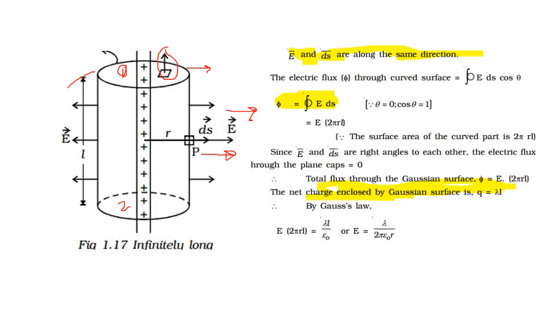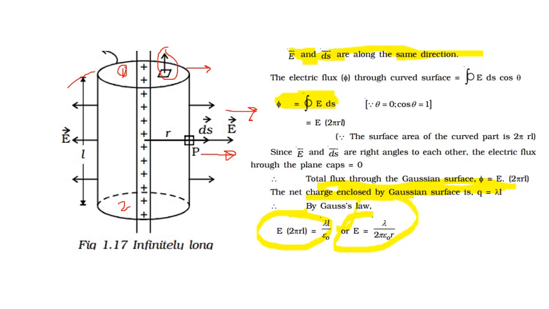Put this value here: E into 2 pi r L is equal to lambda L over epsilon 0. And from here, we can find the value of E.